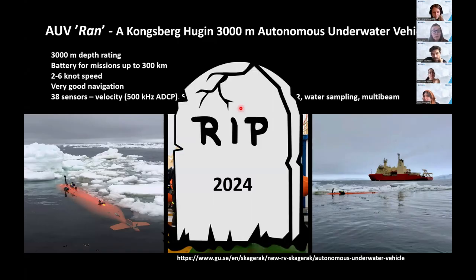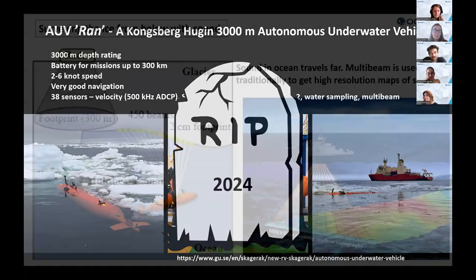And during the cruise, the Ocean Ice cruise, we lost it in 2024. So that was sad, but we are lucky enough to be able to replace it, actually. So we are working with that right now.